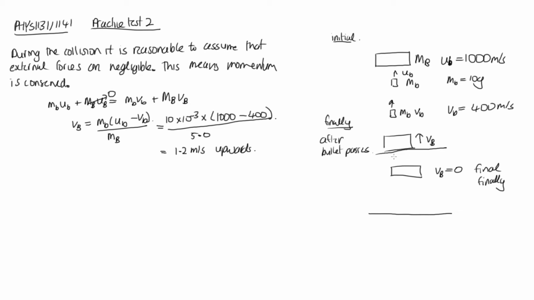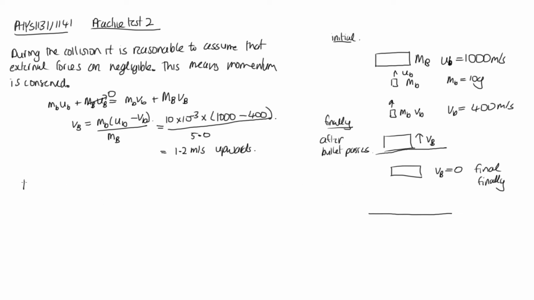So now we can think about, well, what happens between this time here where it's moving upwards and this time here where it's reached its maximum height and it's come to rest. Well, between those times, there's no non-conservative forces acting.